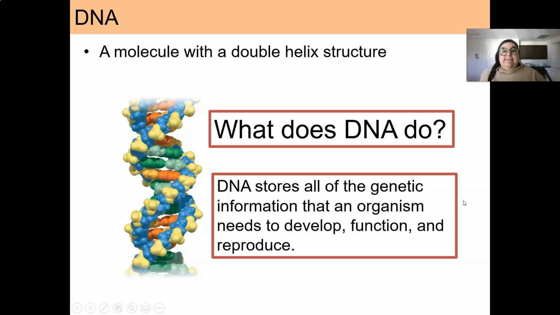So, what is DNA and what does it do? DNA is a molecule with a double helix structure. And what does DNA do? It stores all of the genetic information we need to develop, function, and reproduce.